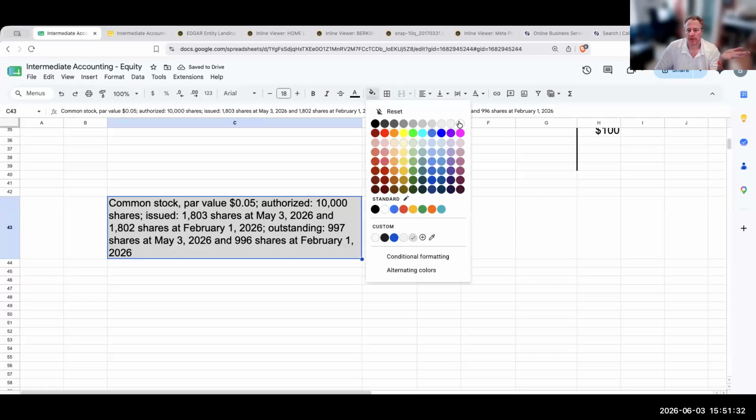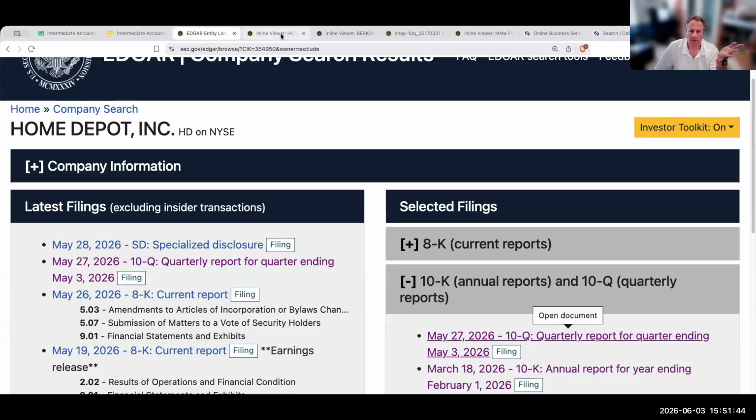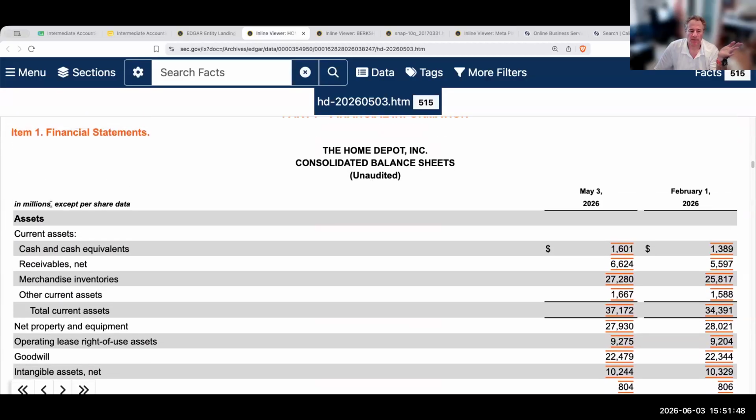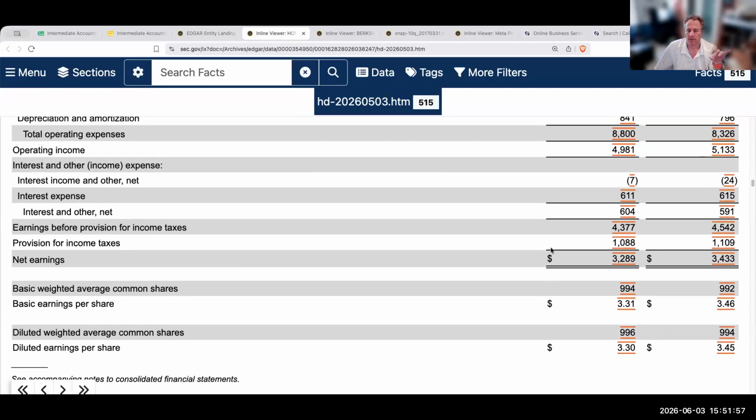So here we've got the Home Depot, and you see over here, par value is 0.05 cents, authorized 10 billion shares. When we look at this, the amounts are in millions, except for per share data, and that is referring to the earnings per share.